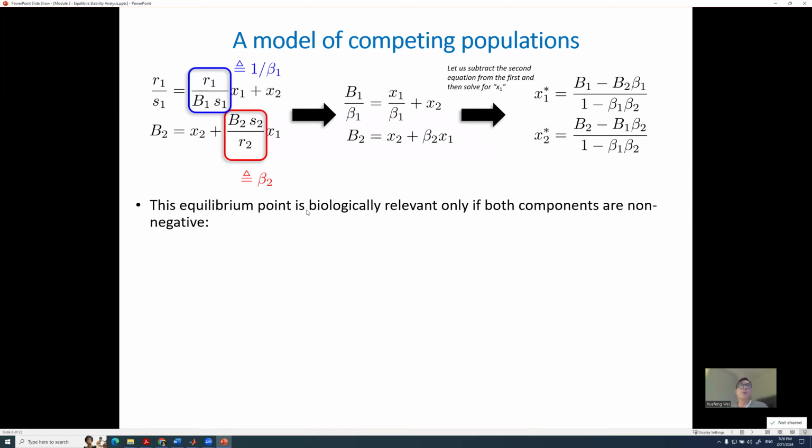So this equilibrium point is biologically relevant only if both components are non-negative. So in order for the two equilibrium densities, x1, x2, to be larger than 0, we have to satisfy either this set of conditions, or this set of conditions.